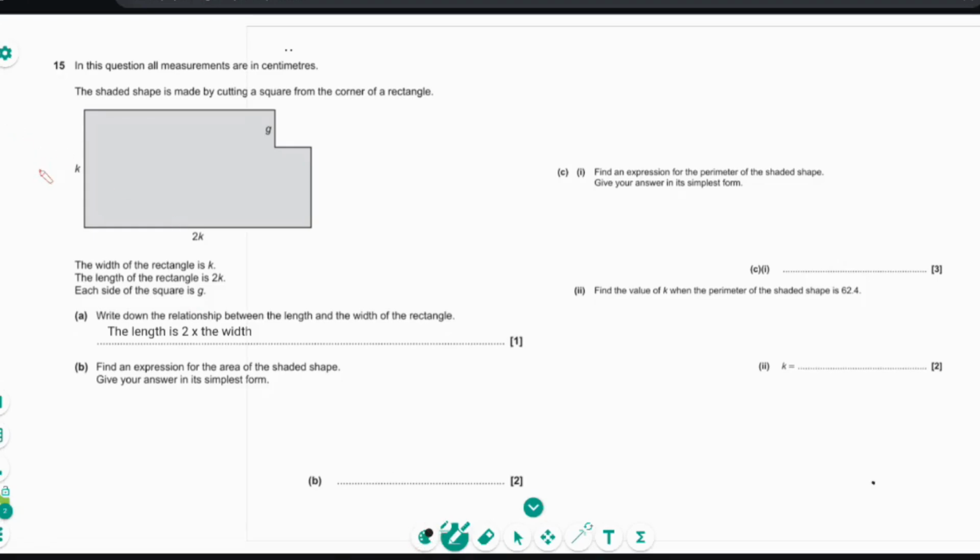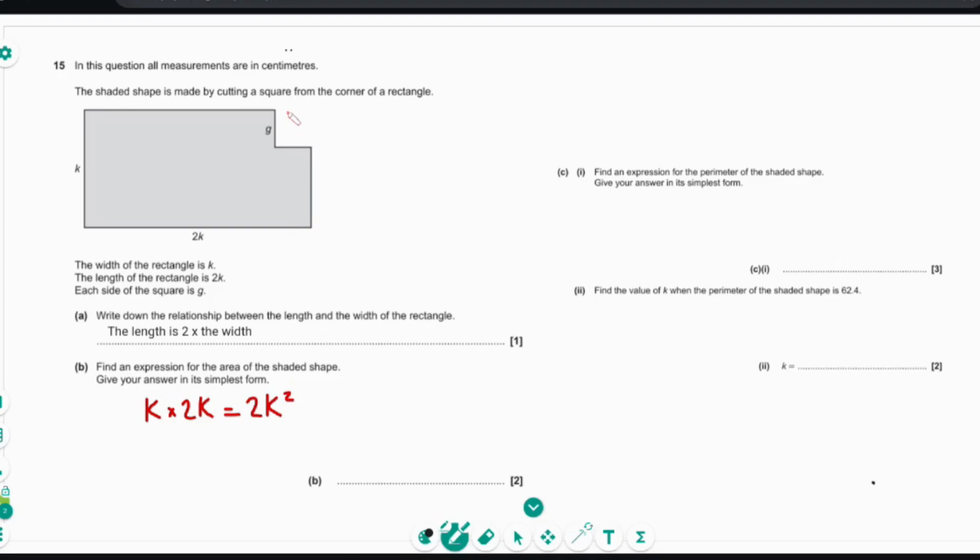Find an expression for the area of the shaded shape. Give your answer in its simplest form. So to get the area of the shape, it's the area of the full rectangle minus the area of the square here. The area of the full rectangle, width times length, would be k times 2k. k times 2k is 2k squared.